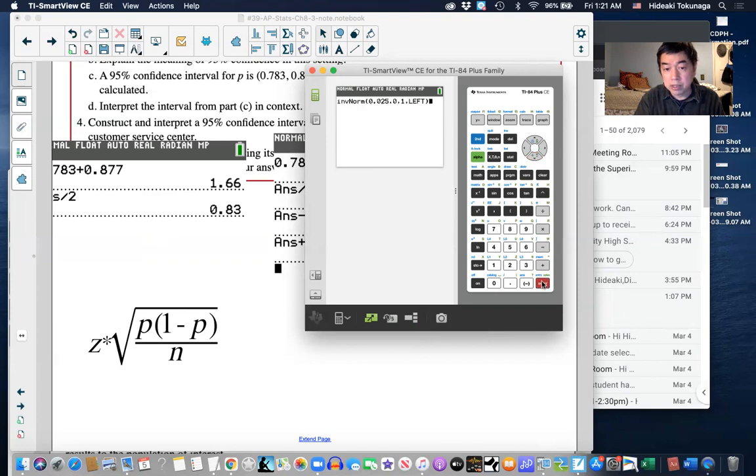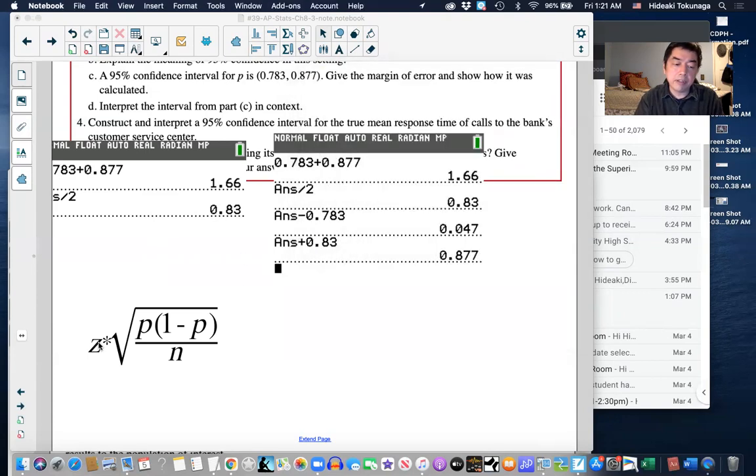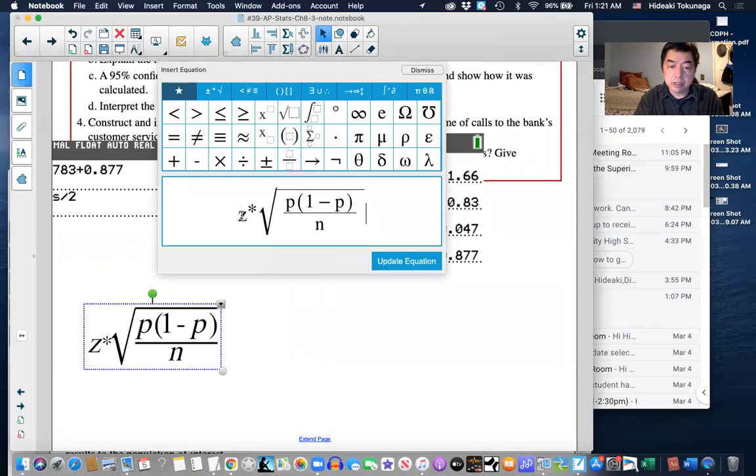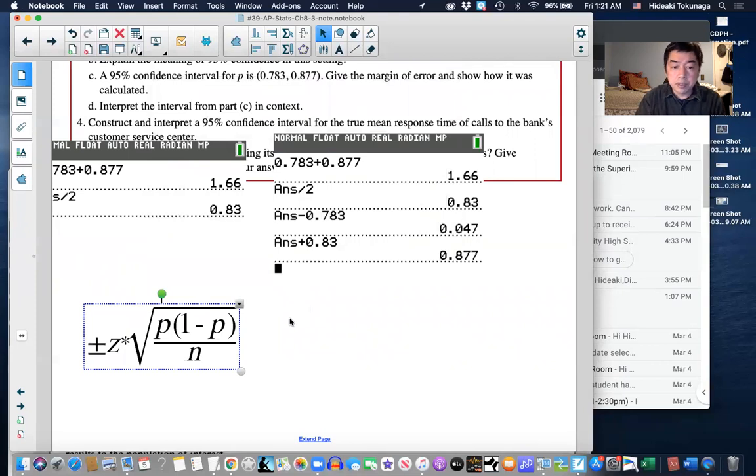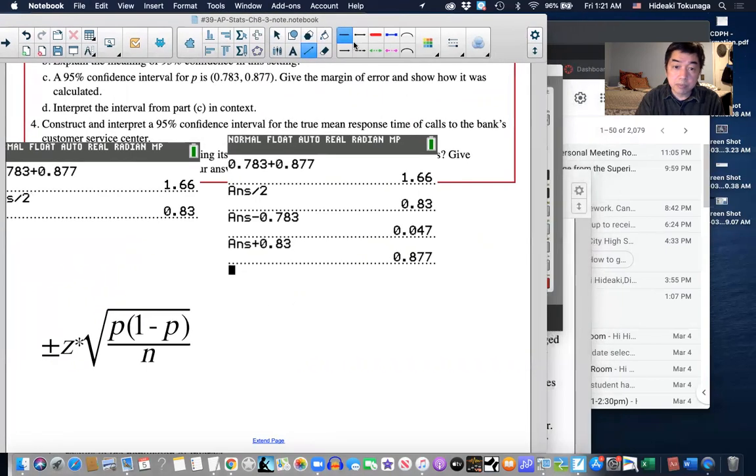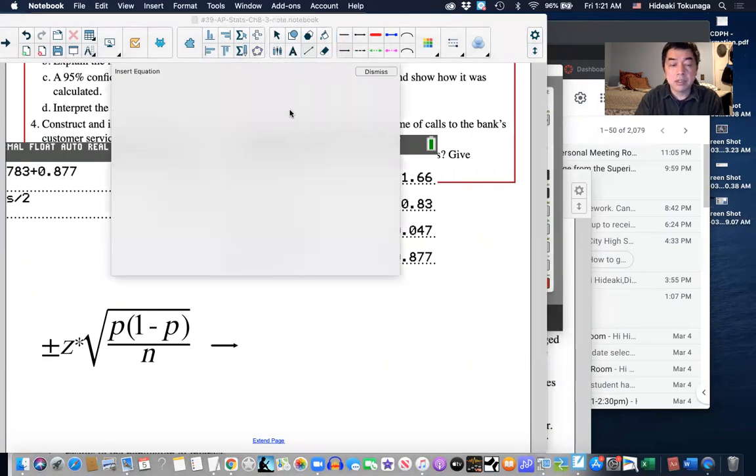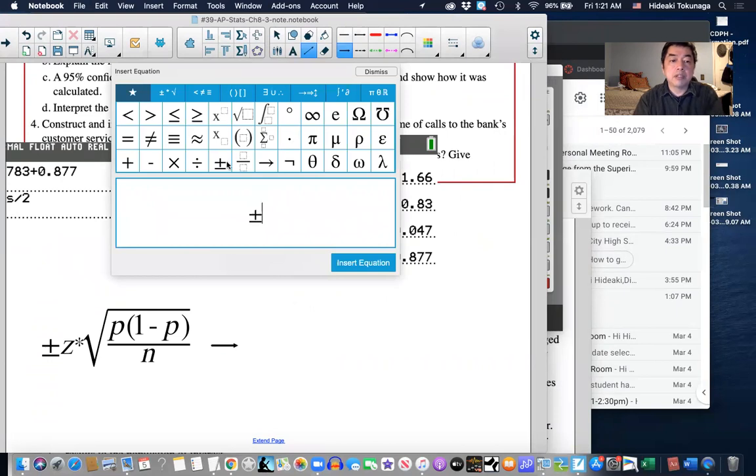I think this is 1.96, plus or minus 1.96. That's the first thing.